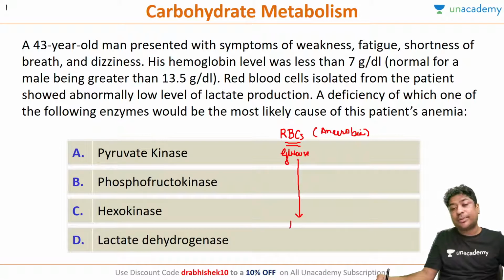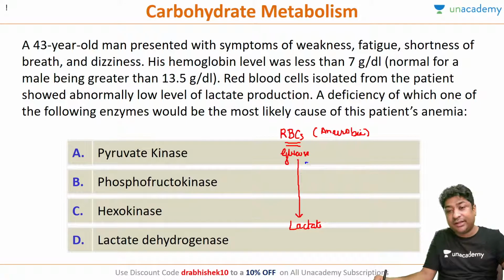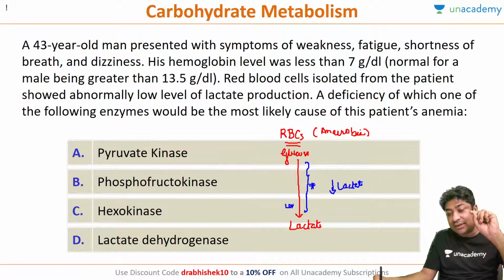It cannot be stopped at the pyruvate level. So any metabolic defect in any one of the reactions will lead to a decrease in lactate formation. This is the first concept. It's not just the last reaction, lactate dehydrogenase.